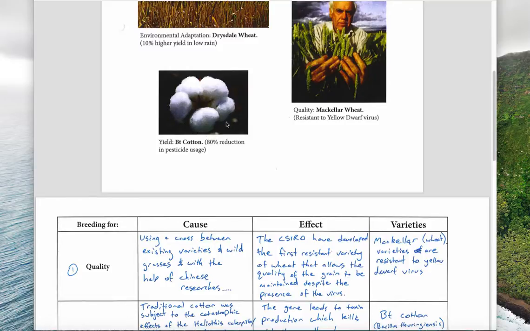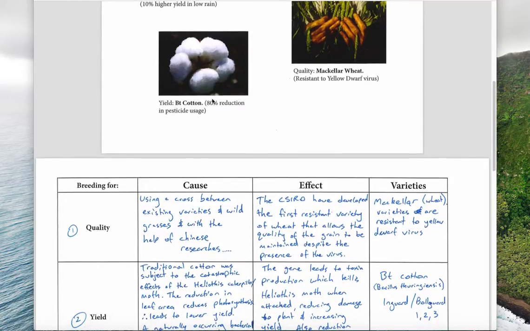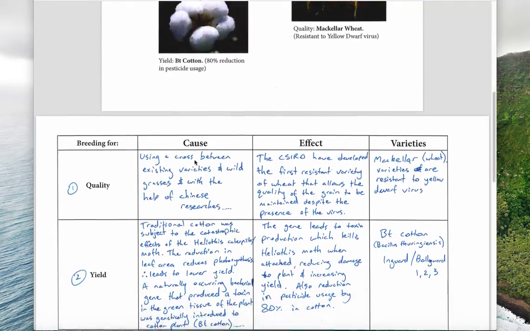So when it eats the leaf, that is reducing the amount of photosynthesis, and therefore it's going to reduce the NAR and therefore the yield. Also, the Heliothis caterpillar burrows its way into the boll and eats the cotton that is growing, so that also decreases the yield.